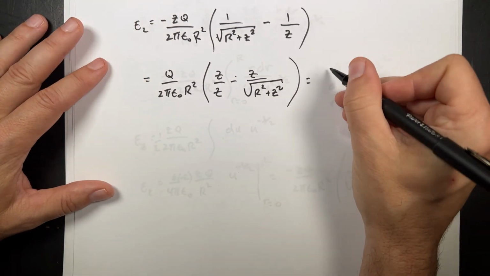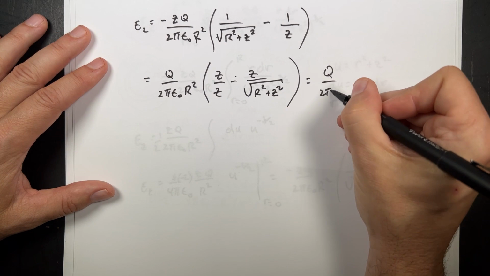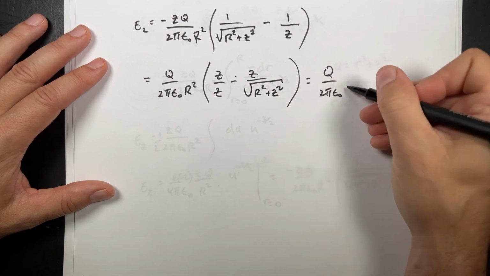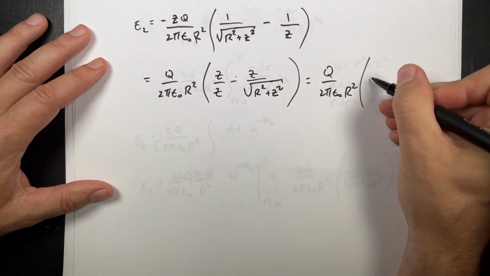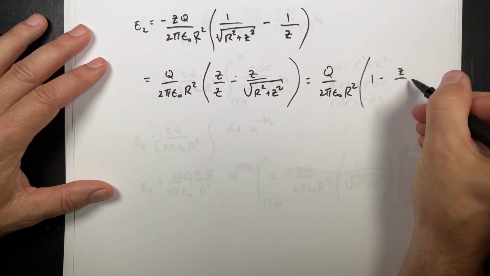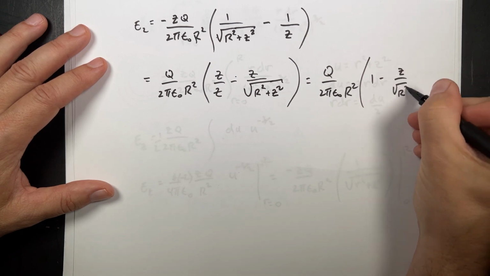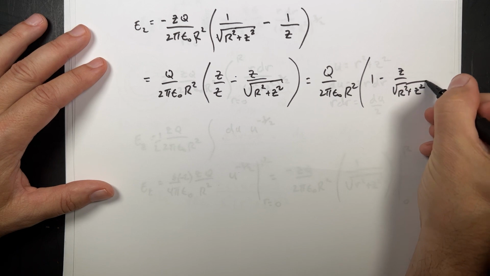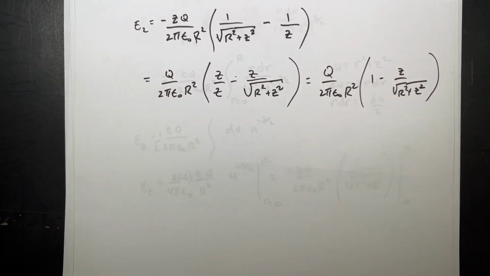And so that's equal to q over 2 pi epsilon naught r squared times 1 minus z over the square root of r squared plus z squared. I think that's right. Let me just double check. Yeah. Okay.